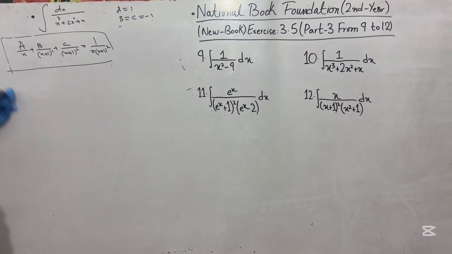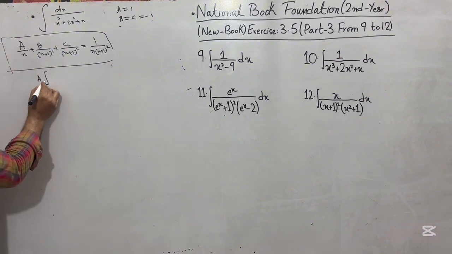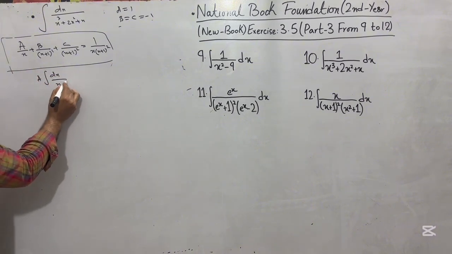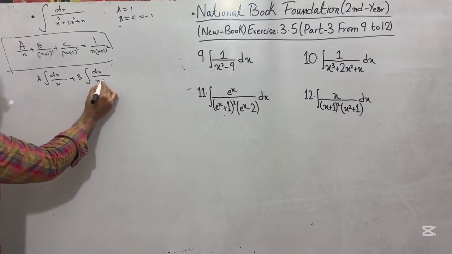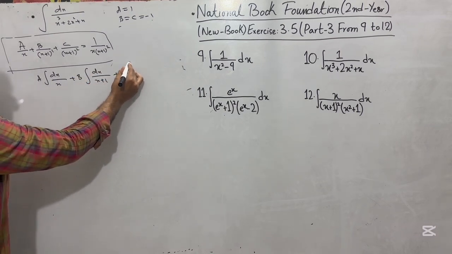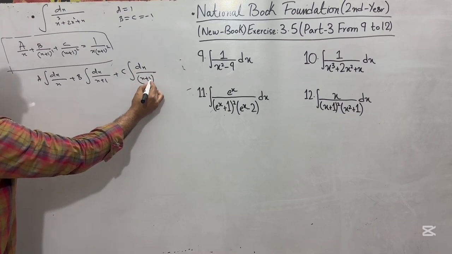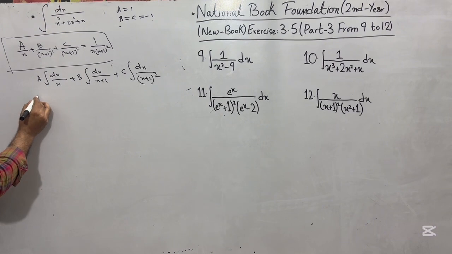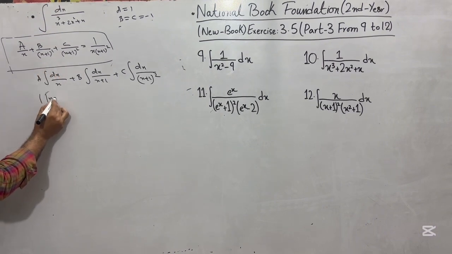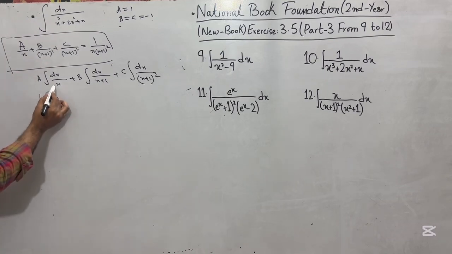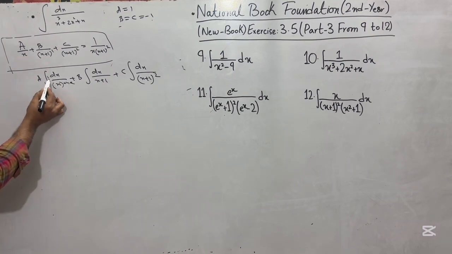Okay. Now integrate. Here, A dx over x plus B dx over x plus 1 plus C dx over x plus 1 whole square. A is 1, dx over x means ln x. Function derivative having overall power 1. Differentiation of x is 1, the function's derivative.